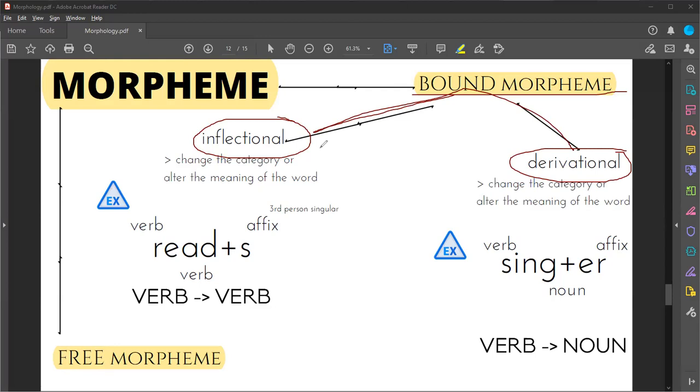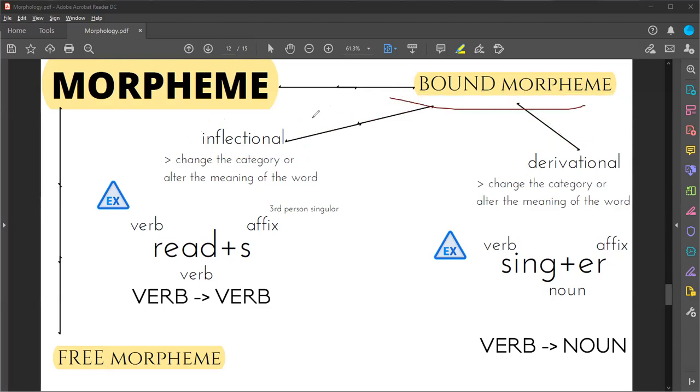So let's start in here. The bound morpheme, inflectional. When we talk about inflectional, it is just inflect. It means it is just trying to put another connection to the word. Okay, class, this is not the change of category.